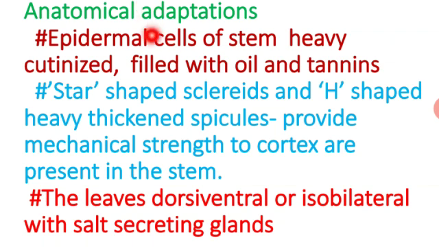Now the anatomical adaptations of these halophytes. Epidermal cells are present, but they have a cutinized layer. Cutinized means cutin, a waxy substance, is present. Along with this cutin, it is filled with oil and tannins. Next, star-shaped sclereids and hair-shaped spicules are present.